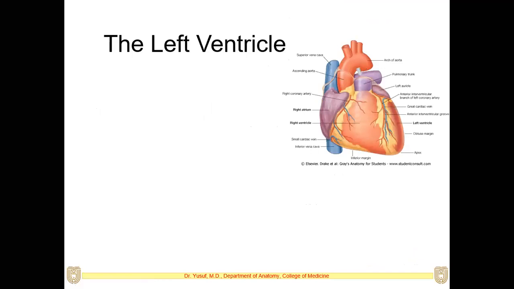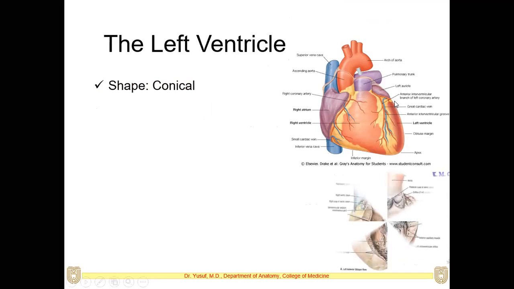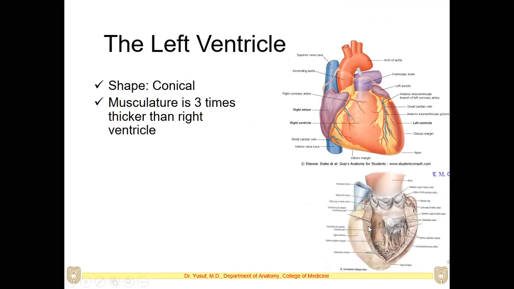Now coming to the left ventricle. The most important among all of these will be the left ventricle, because this will pump the blood to all the parts of the body. It is conical in shape. If you can see it, it looks like a cone. And as I said, because it has to pump the blood to all the parts of the body, the thickness of the wall of this ventricle will be 3 times thicker than the right ventricle.